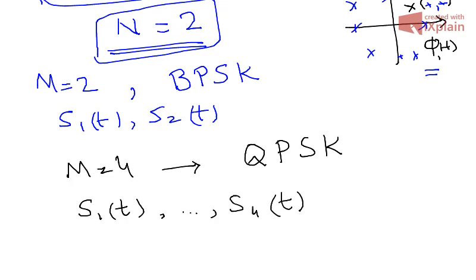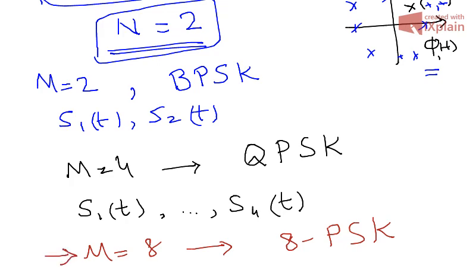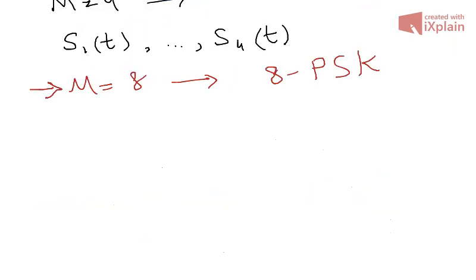Similarly, the M value can be 8, and then you have 8 PSK, and so on, 16 PSK, depending upon the value of M. When you say capital M, these are capital M different phases, because each signal differs from the other signal by its phase.